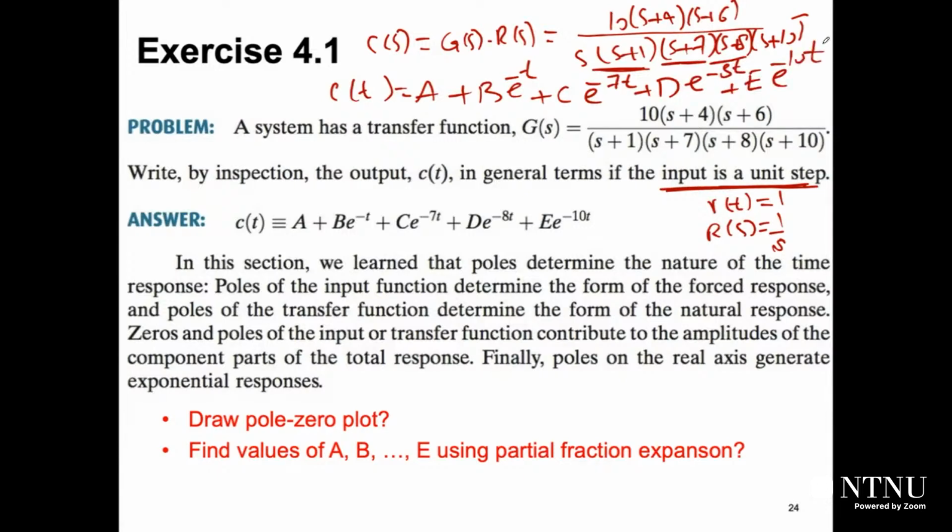So it will be like this. I ask you to continue solving this problem using partial fraction expansion and try to find A, B, C, D, and E, and also draw your pole-zero plot.